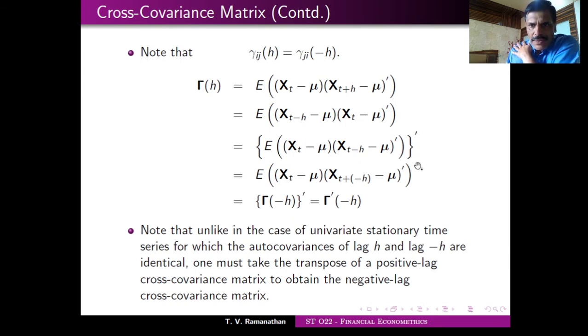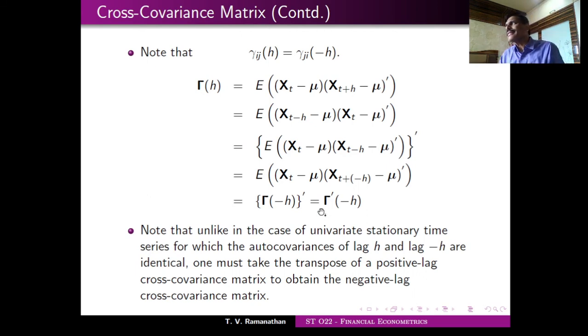That prime you have to write. I'm sorry, there is a prime missing here, on this bracket. So here this is the definition, and I am rewriting t minus h as t plus of minus h. So this quantity will give me gamma of minus h. There is a bracket and prime which I missed here, which I will correct. So with that bracket and prime, I get gamma of minus h prime.